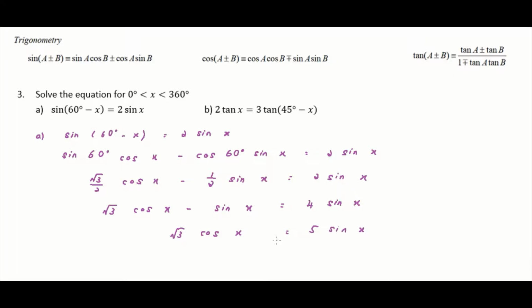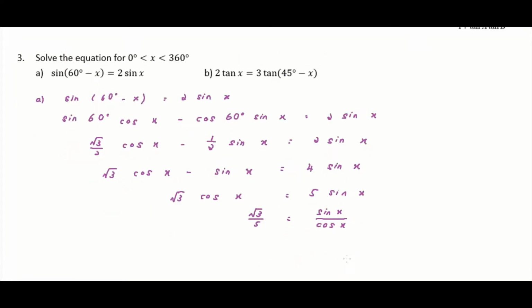You can't do any factorization, but there is one relationship that tells you that tangent equals sine over cos. So you can just move over the cos and move over the number: square root 3 over 5, sine x over cos x. So sine x over cos x will give you tangent x equals square root 3 over 5.